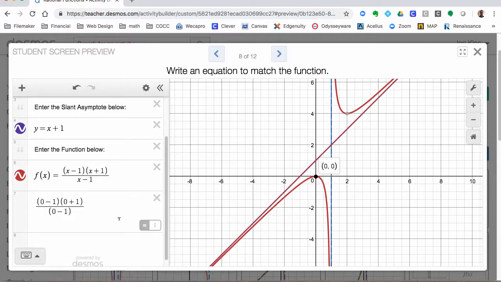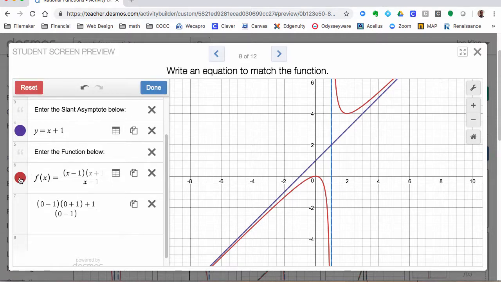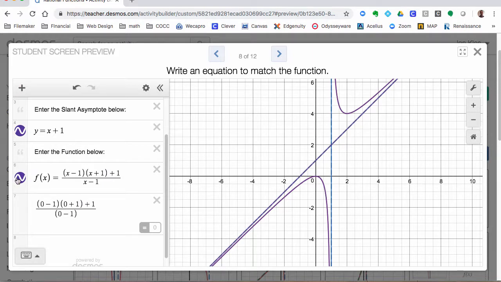So instead of having it equal 1, let's subtract 1. Whoops, let's add 1. There we go. Now we've gotten it equal to 0. And now let's add 1 in the numerator of my function here. So there's going to be the remainder piece. And look at that. Let me change colors to make it more obvious. There we go. There is a function that matches right on the blue line.